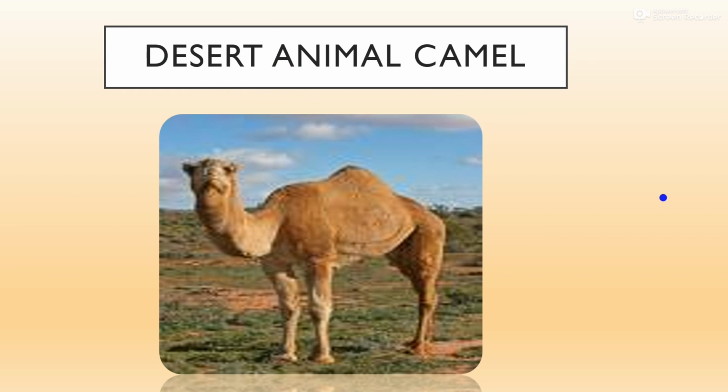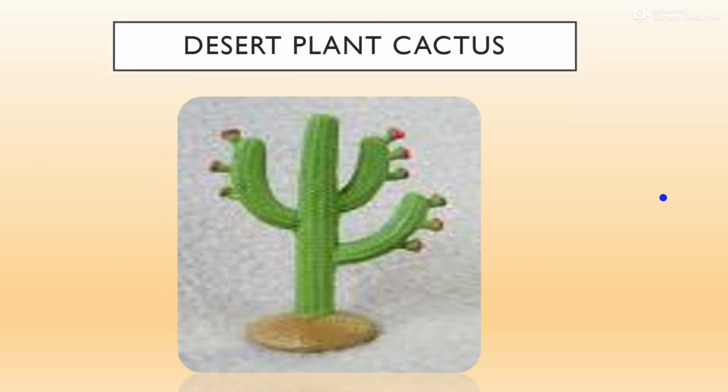So this is the picture of a desert animal. You know its name, that is camel, which is called the ship of the desert, because the camel is the only animal who can walk easily on the sand. So people in desert areas use camels for travel.